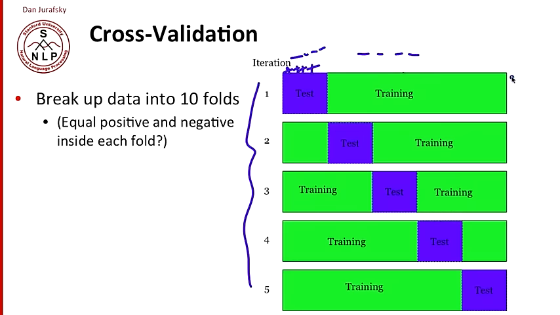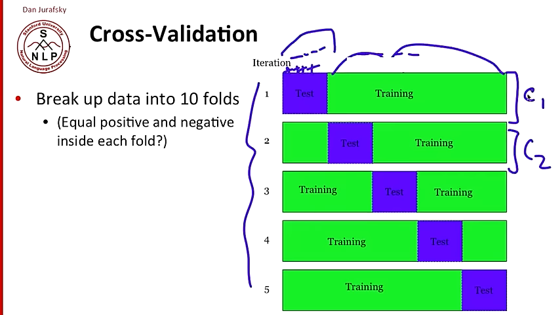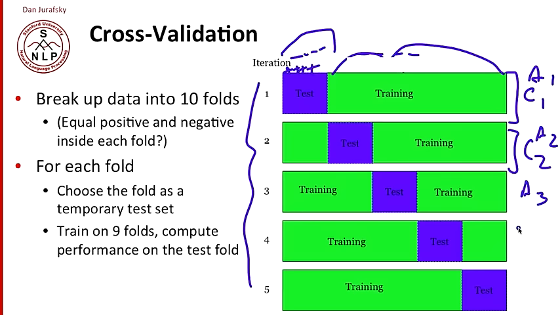And each time we're going to train a classifier. So classifier 1, classifier 2 will train on this training data, test on this test data, and compute an accuracy. So we'll have accuracy 1, accuracy 2, accuracy 3 for each of these classifiers, and we'll compute these performances of these classifiers.